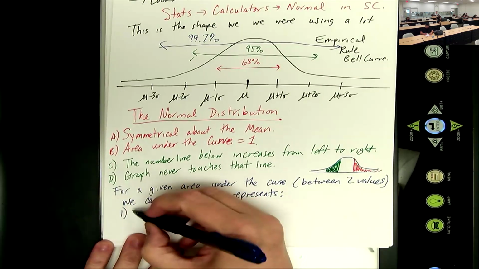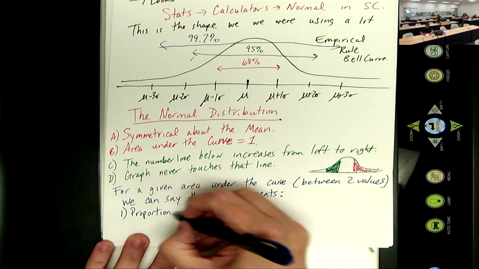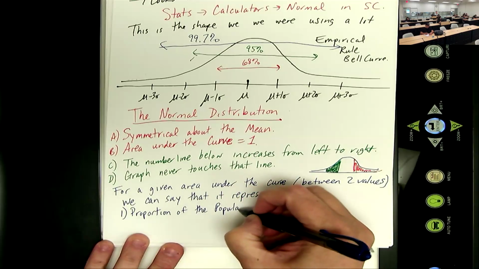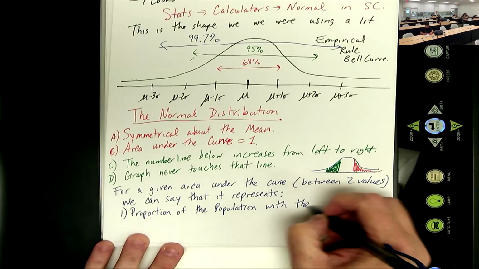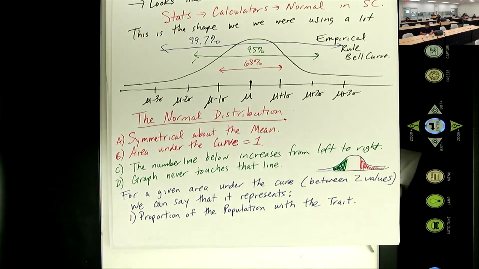One, the proportion of the population with the trait. Remember, population doesn't necessarily have to mean people. It often is, because people will give you answers back if you ask them.